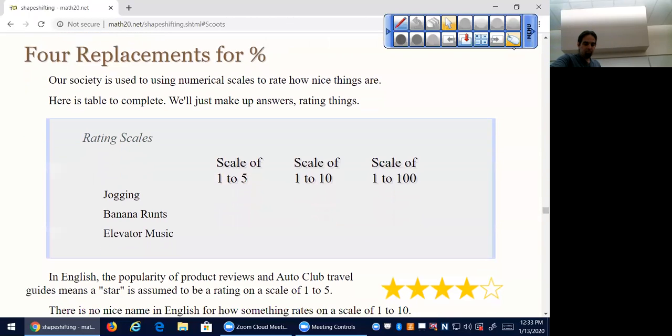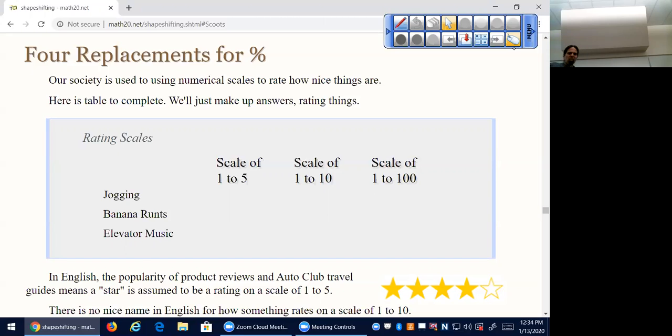So first, what is a percent? You probably know. You've seen percents before. So we could rate things on a scale of like 1 to 5 or 1 to 10 or 1 to 100. How much do people like jogging or banana runs or elevator music?